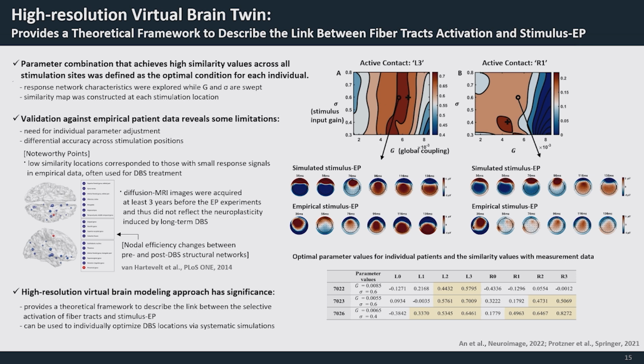But in this study, we just used diffusion-weighted images acquired at least 3 years before the EP experiment, meaning that we used connectivity information that did not reflect any potential neuroplasticity that may be induced by the long-term DBS. So we thought this might contribute to our limitation.